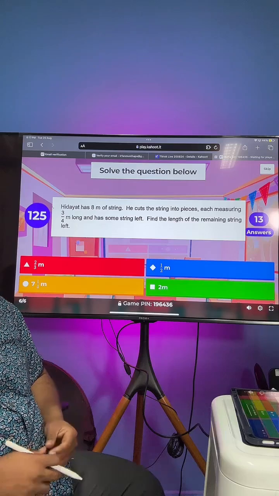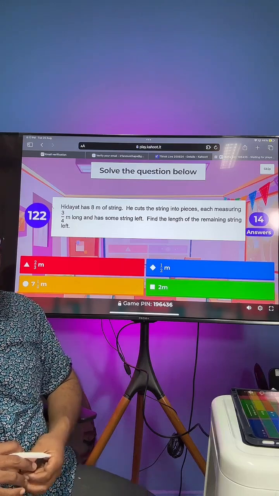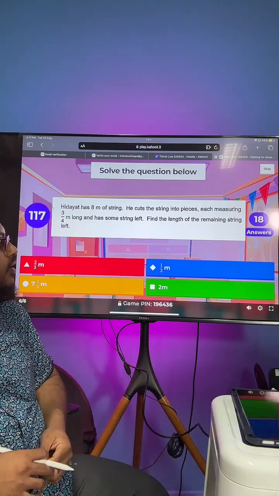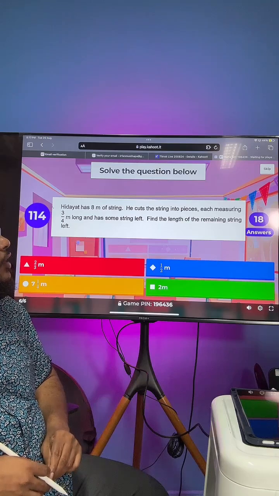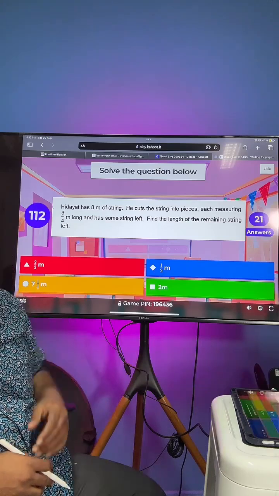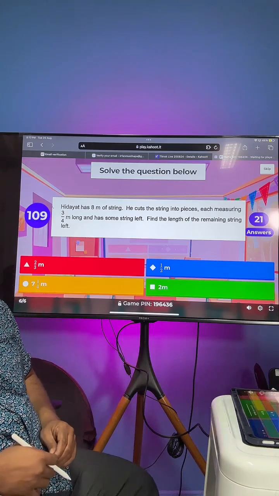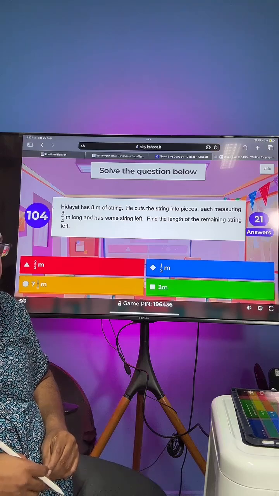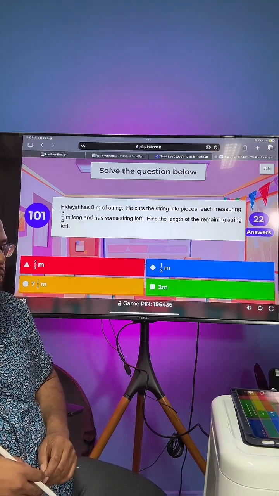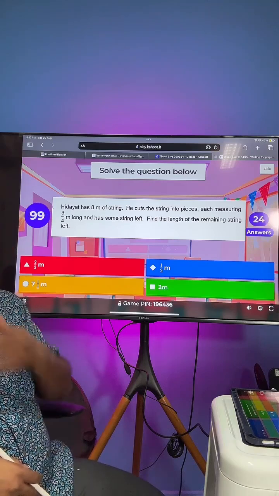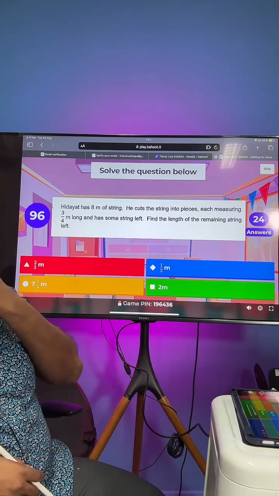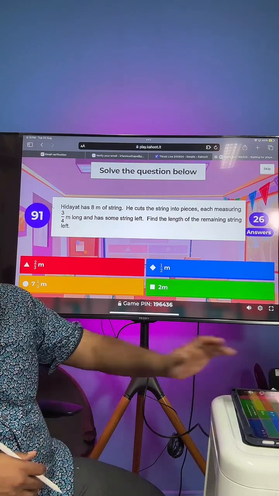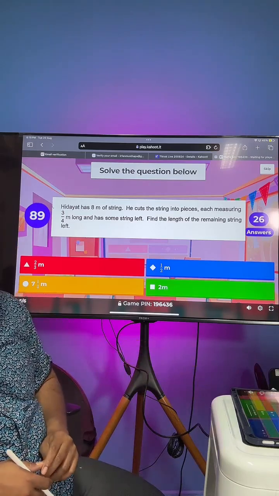Last question for today. Two more minutes. Those who haven't learned fractions might find this question difficult, but don't worry, just listen. It's not asking for how many strings, but for the length of the remaining string.